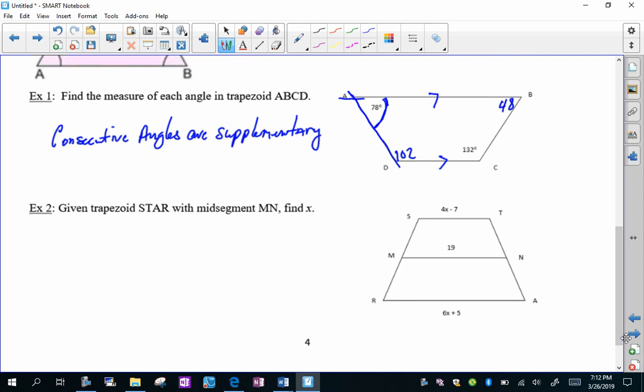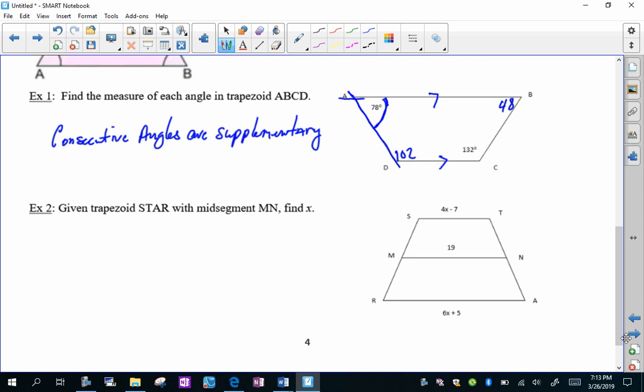Okay, let's move down. It says, given trapezoid RSTA with midsegment MN, sorry about that, find x. We know that MN is 19. We know that ST, a base side, is 4x minus 7, and RA, another base side, is 6x plus 5. So we know that we're going to have to set up an equation.